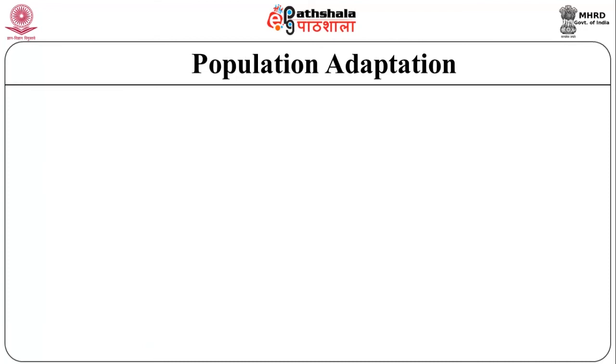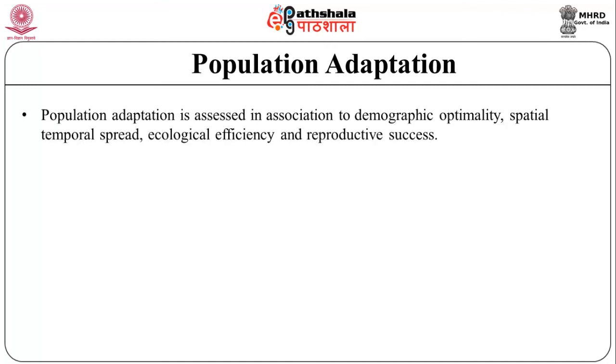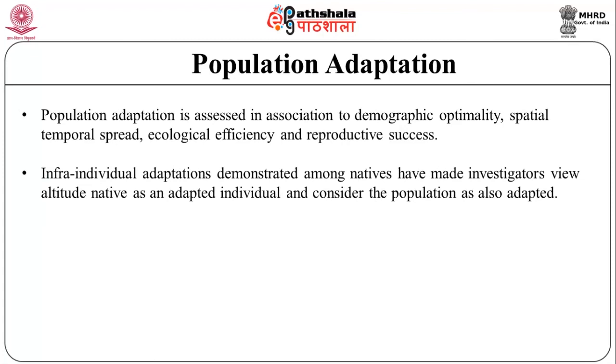Till now we have been discussing individual adaptation. Now we'll talk about population adaptation. Population adaptation is assessed in association with demographic optimality, spatial temporal spread, ecological efficiency and reproductive success. Infra-individual adaptations demonstrated among natives have made investigators view the altitude native as an adapted individual and consider the population as also adapted.